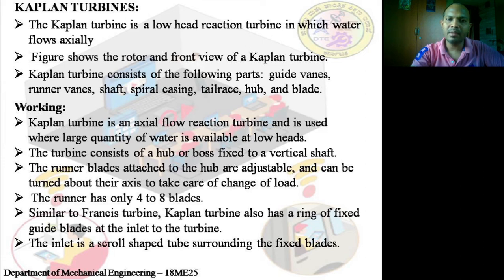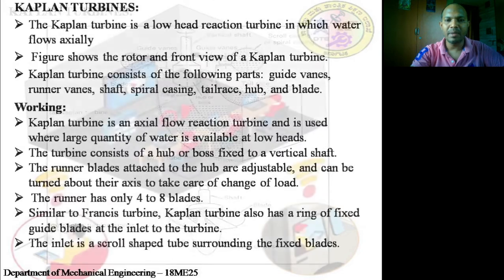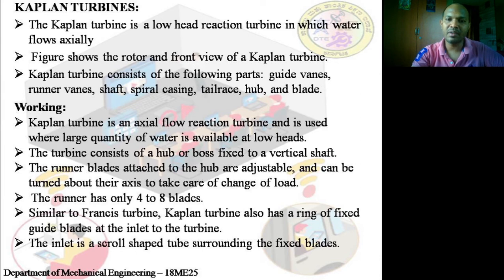The turbine consists of a hub or a boss, the bigger one. For a vertical shaft, the boss is fixed. The runner blades attached to the hub are adjustable and can be turned about their axis to take care of change of load.